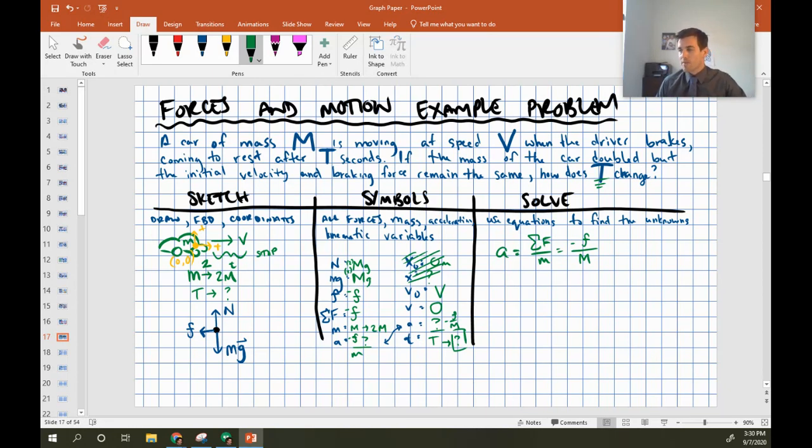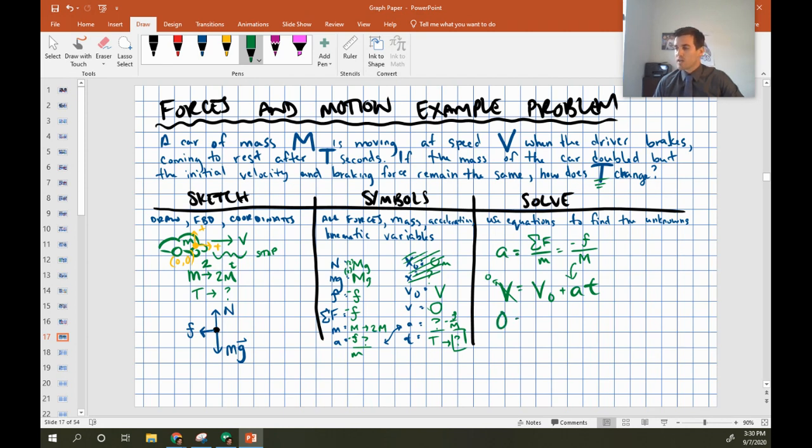So now I can use a kinematic equation. I know velocity stuff, I know time stuff, I know acceleration. That's looking like the first kinematic equation, v equals v naught plus at. But I can substitute in that acceleration that we just got. I can also cancel that out because it's 0.